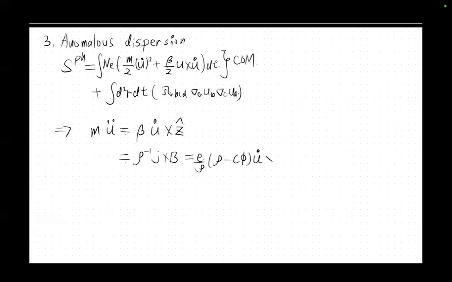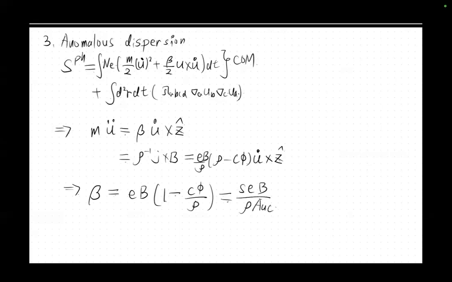And then B is in the z direction. So the end result is that this beta term, which tells you the strength of the Lorentz force, is completely fixed by the previous calculation we've already done. It's eB(1 minus C phi over rho), or to write it slightly differently, it's SeB over rho times the area.